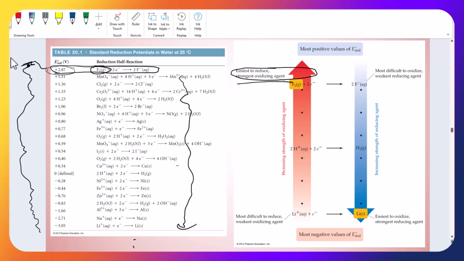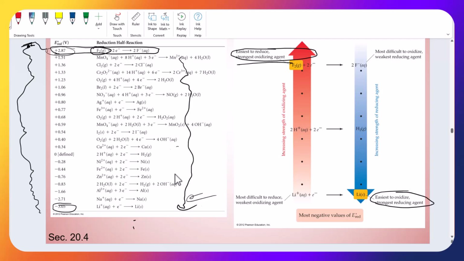As you go down the standard reduction potentials on this side, you get to species that want to be oxidized. So the easier they are to oxidize, that is, the lower the standard reduction potential, the better reducing agent you have. Easiest to oxidize has the lowest standard reduction potential. That makes the strongest reducing agent because it wants to give up electrons and cause something else to be reduced.